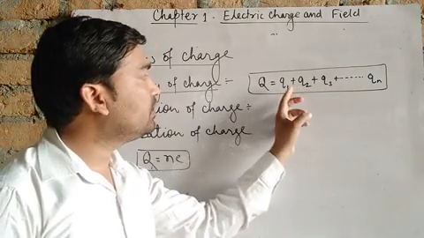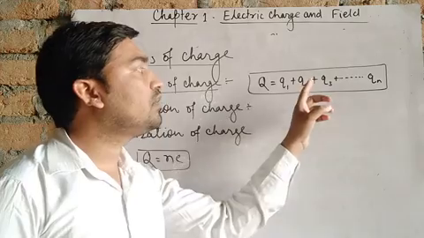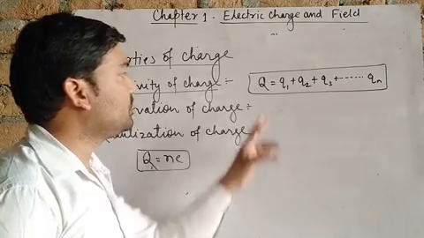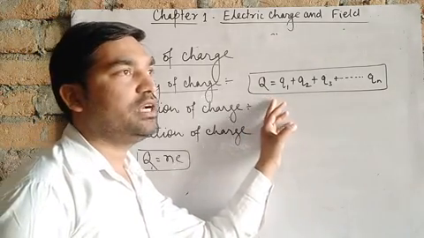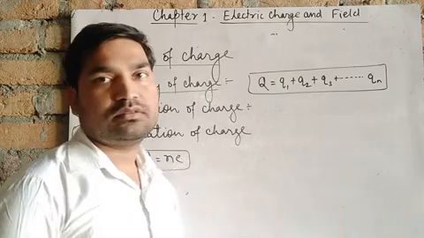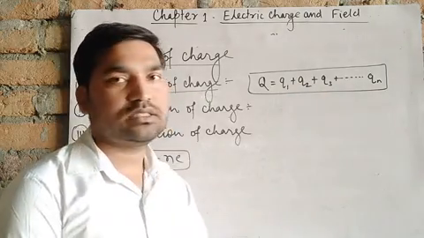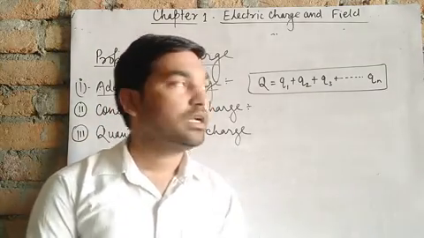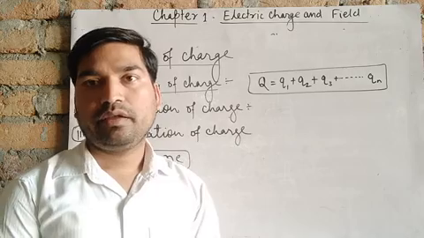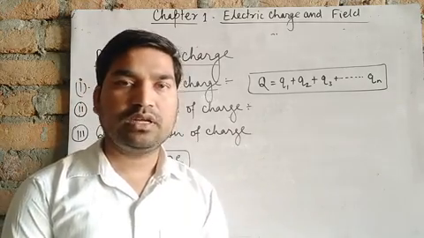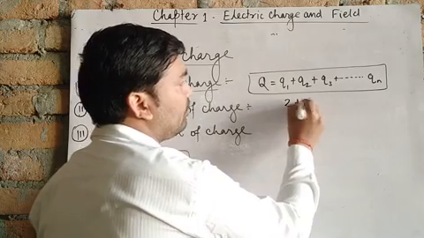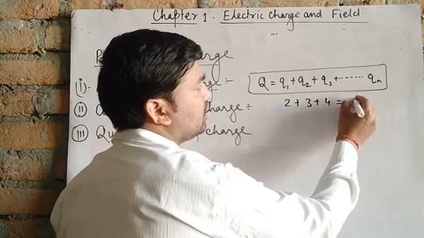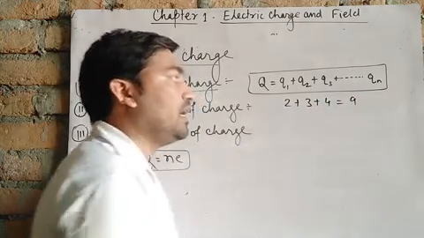If a body contains n charges q1, q2, q3 up to qn, then net charge q equals q1 plus q2 plus q3 up to qn. For example, if there are 3 charges on a body, 2 coulomb plus 3 coulomb and 4 coulomb, then the net charge on the body is 9 coulomb.